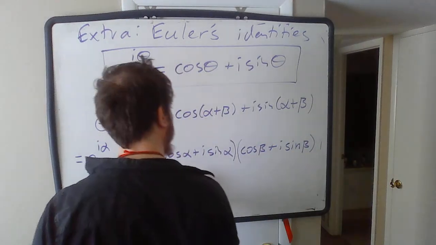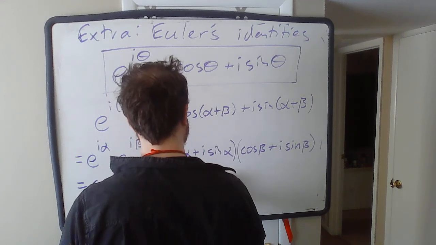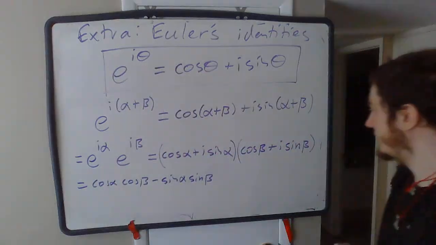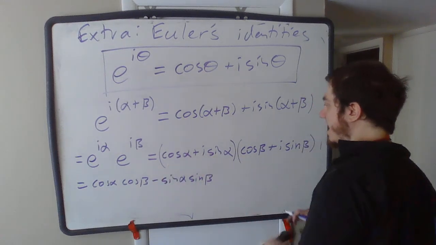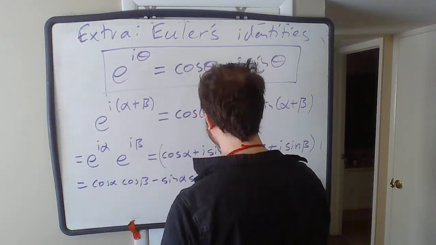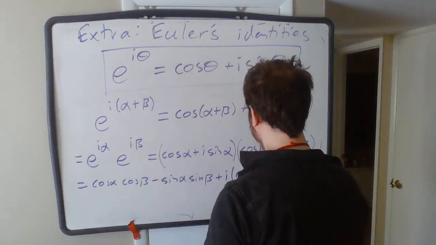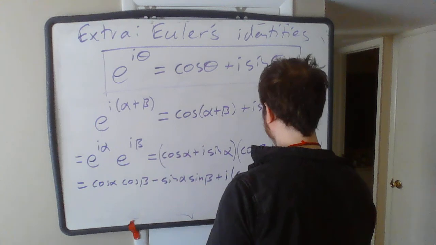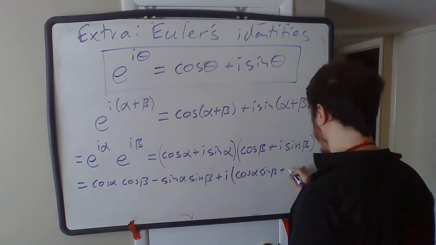So this becomes minus sine alpha sine beta. Then when I do the cross terms, I'm going to get i's in them. So then I'm going to get plus i cosine alpha times sine beta, and then I'm going to have sine alpha cosine beta.